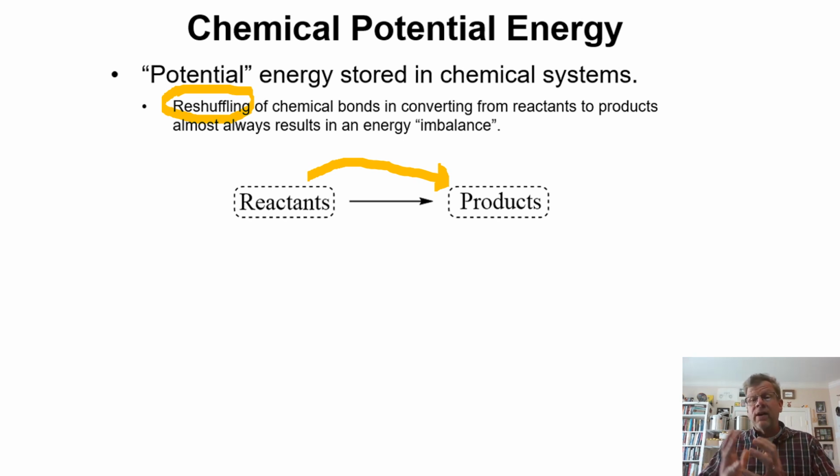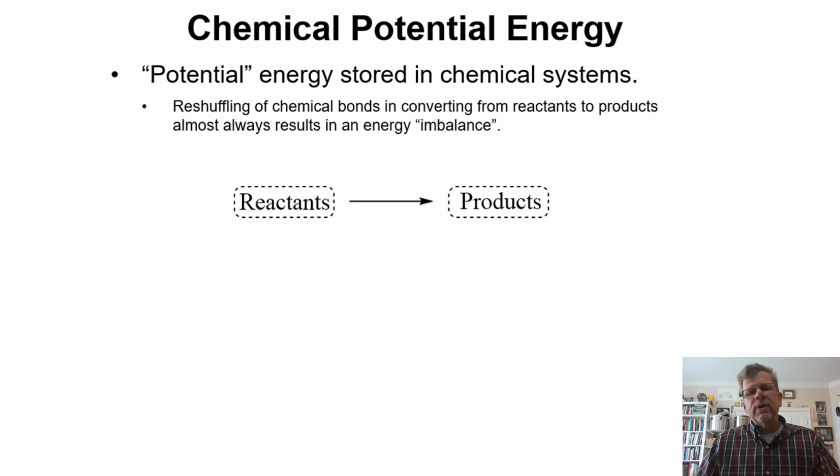This is invisible energy, if you will, potential energy, but it's different, and it almost always results in an imbalance. There's almost never exactly the same chemical potential energy in a series of reactants as there is in the products. And that energy has to be released somehow, or expressed somehow, going from reactants to products.